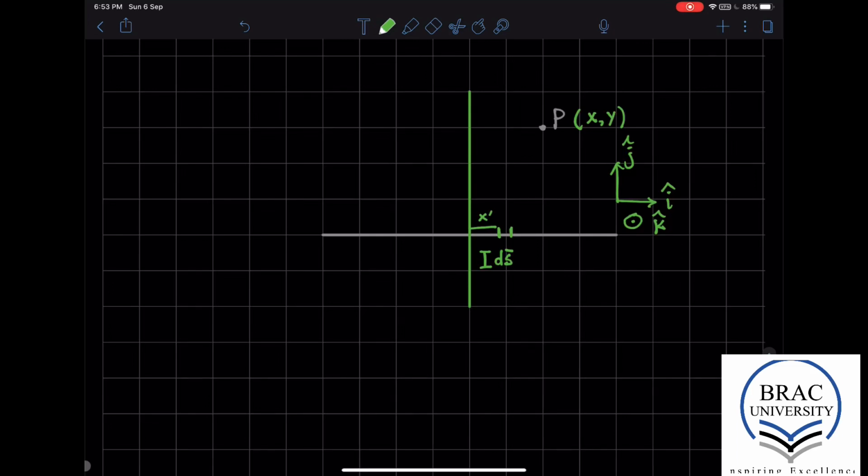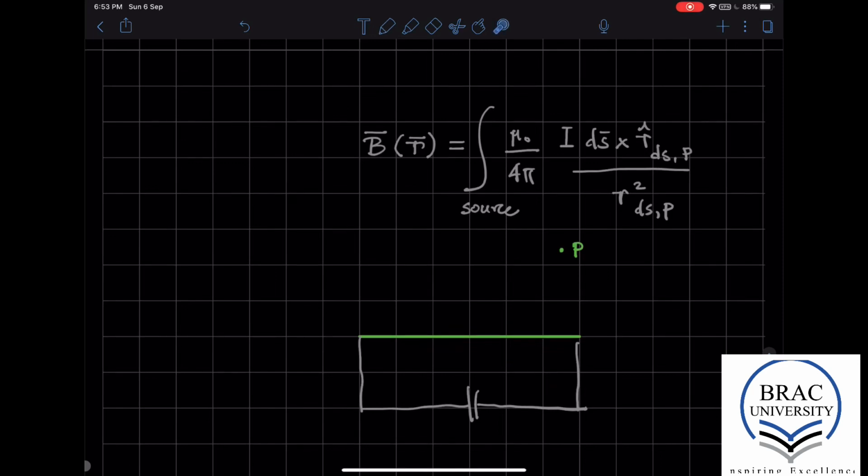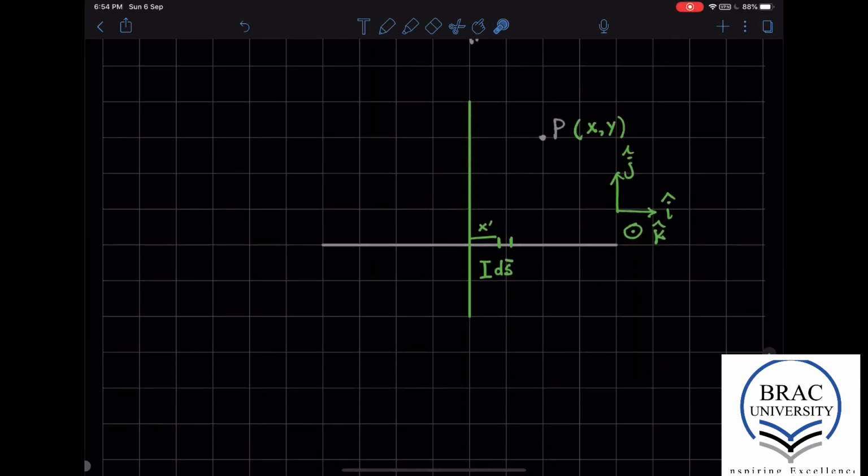Now let us look at the relevant quantities. According to the Biot-Savart law, we need the distance from the current element to the point P, as well as the direction.